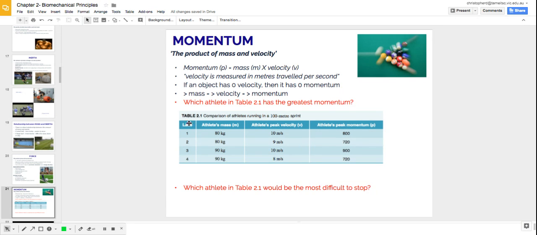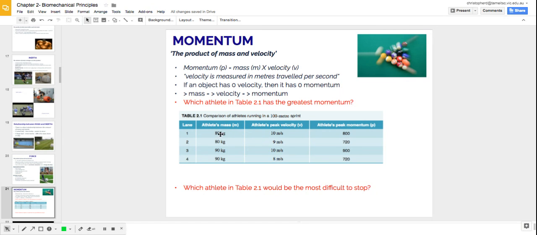If we look at this table here, it's a comparison of a 100-meter sprint. We have two athletes that are 80 kilograms and two athletes that are 90 kilograms. We're looking at their peak velocity, which is essentially similar to their peak speed. Athlete 1 is 10 meters per second.